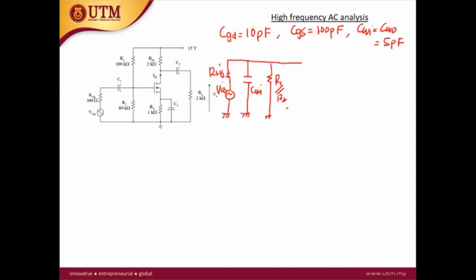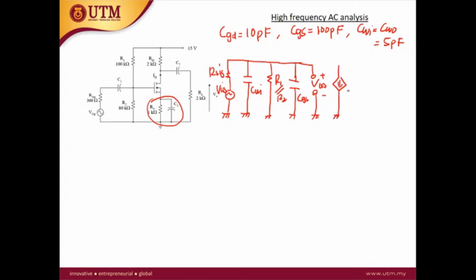Between gate and source, the source is grounded here, because of the bypass. Between gate and source, we have the CGS. This is VGS.